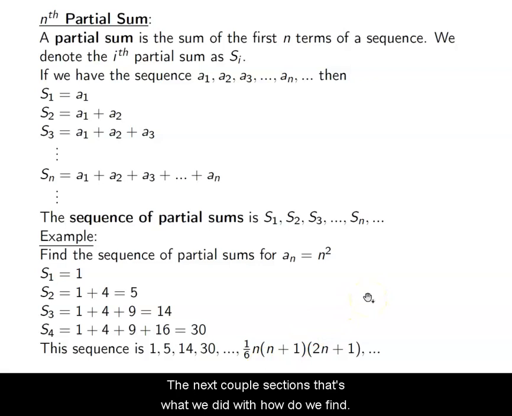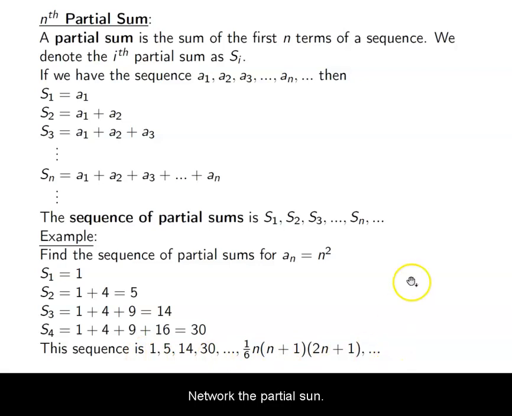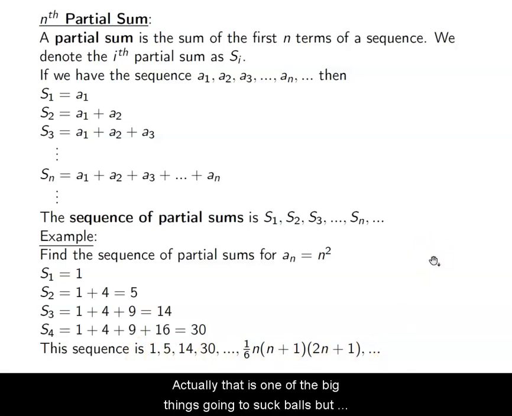How do we find the partial sum? That is one of the big things we're going to talk about. But also, just how do we find general terms in general, right? There's kind of two categories at the moment for sequences, and we're going to explore those in the next two sections. And we're going to talk about how to find the partial sums with the formulas, things like that. So for this sequence, this is what the formula would be.